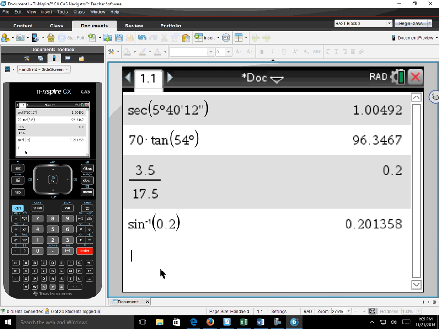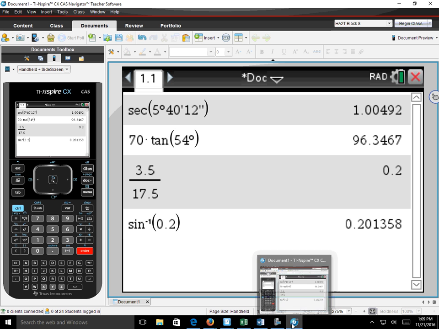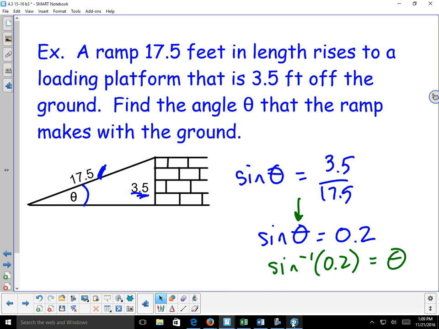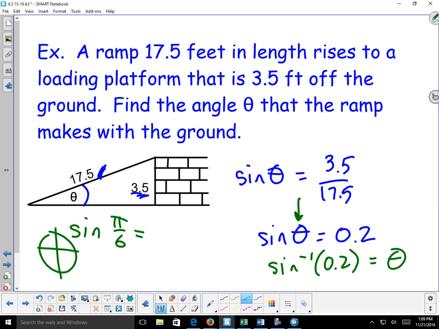Wait, can you explain that again, why we had to use the inverse of sine? Yeah. If I know that the sine of pi over 6 is, over here, ordered pair square root of 3 over 2 comma 1/2, right? So the sine of pi over 6 is going to be 1/2. Agreed?